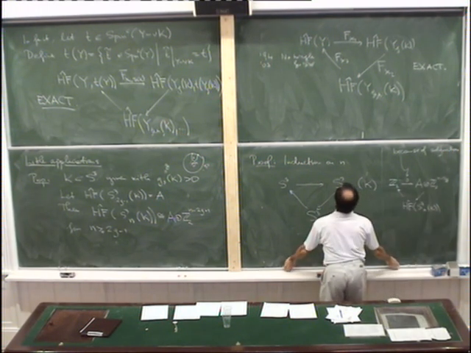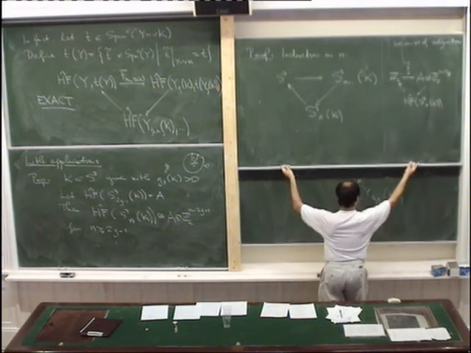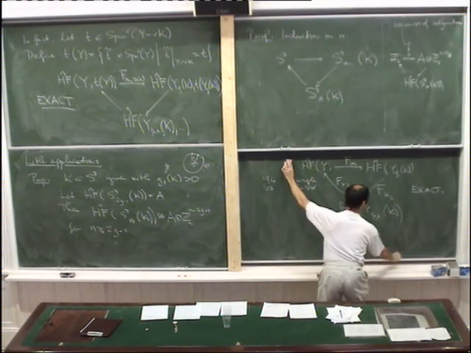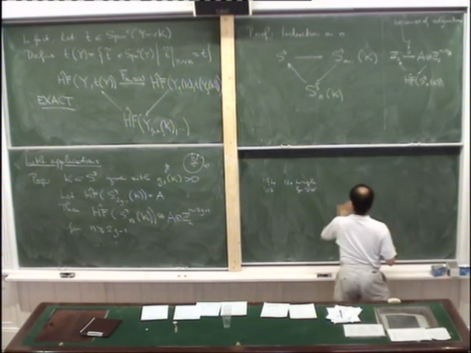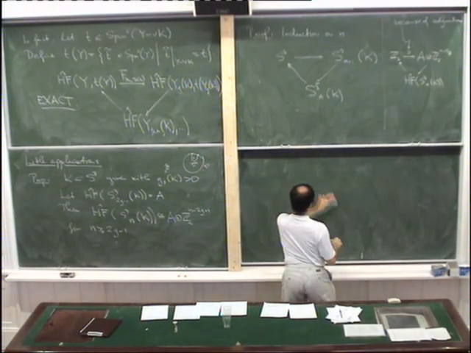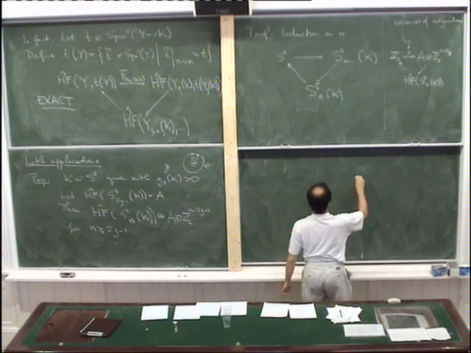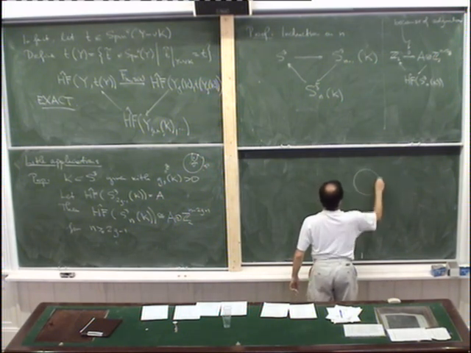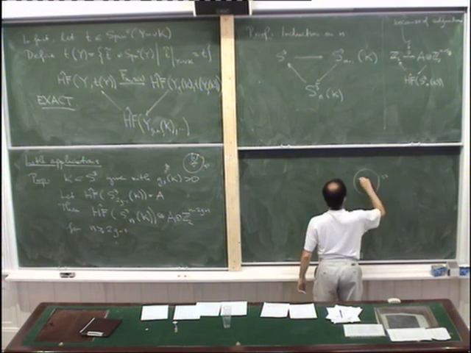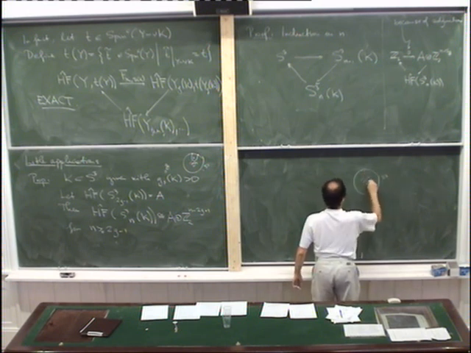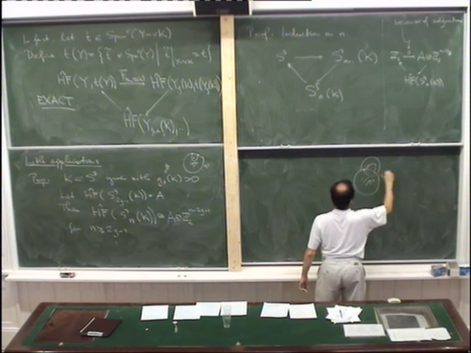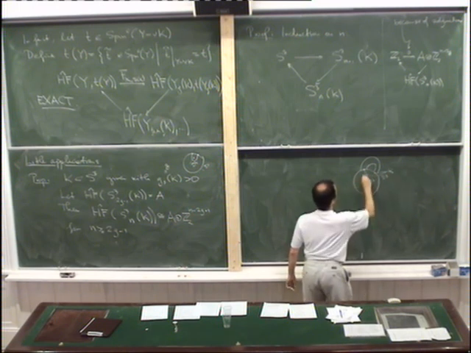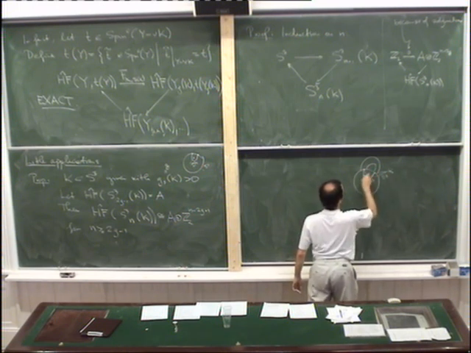So let me just elaborate on that little piece a little bit more. So what is really happening? Here is our S3, and this is D4, and then we add the two-handle along the knot K, which has 4-ball genus g.